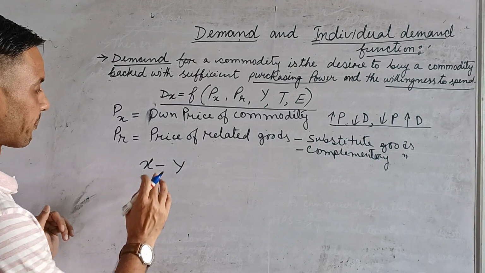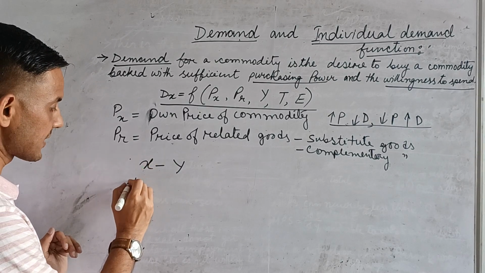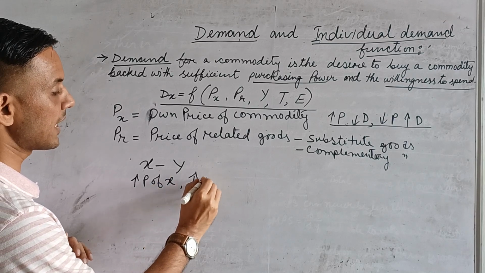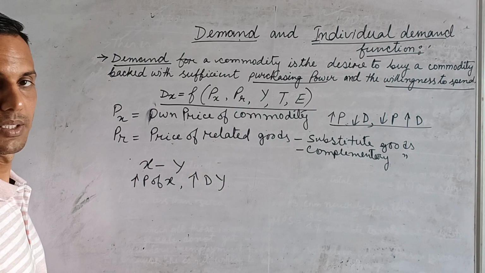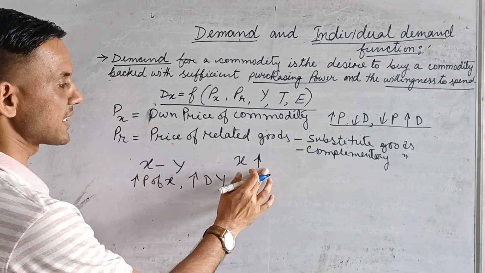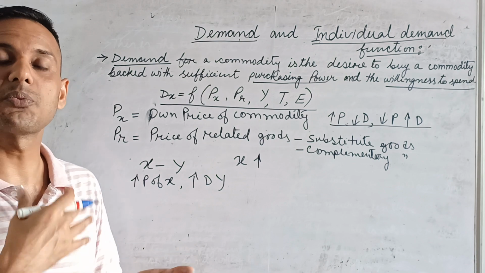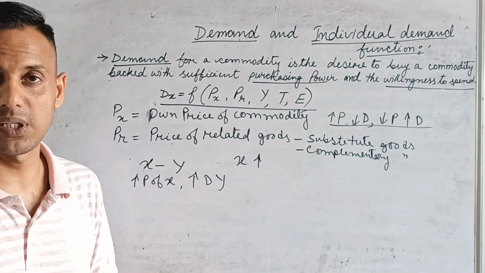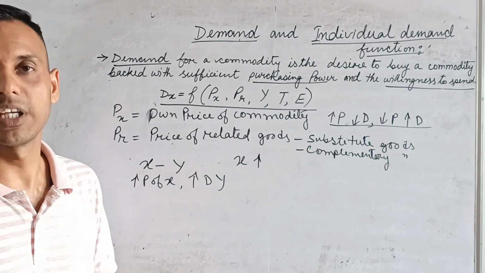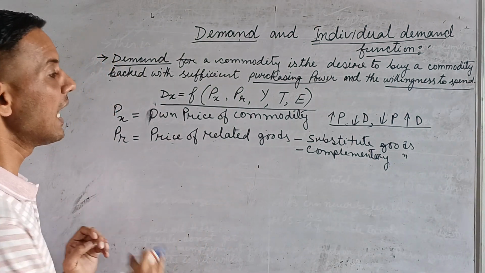If X and Y are substitutes, then an increase in the price of X can increase the demand for Y. When the price of tea increases, you will go for coffee. When the price of fish increases, you will go for chicken. Clear? One product can replace another.